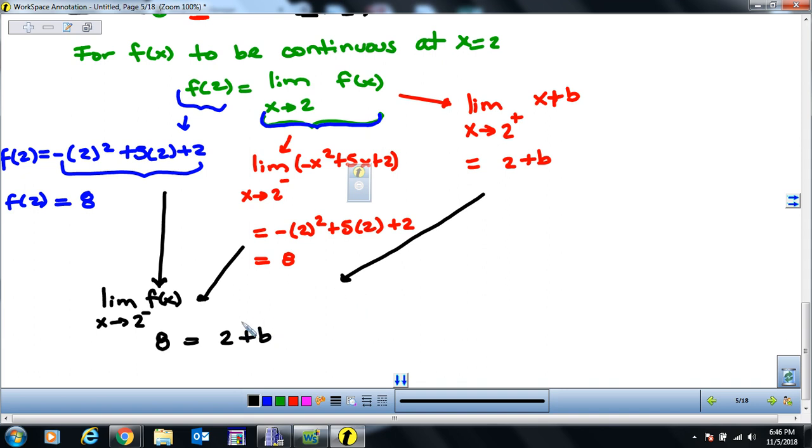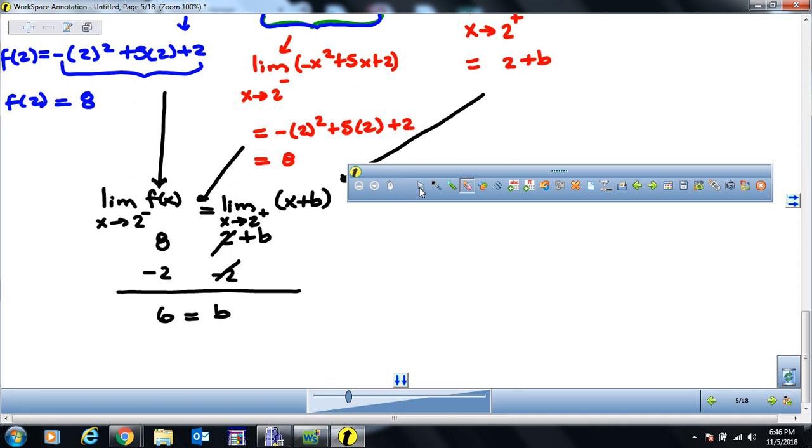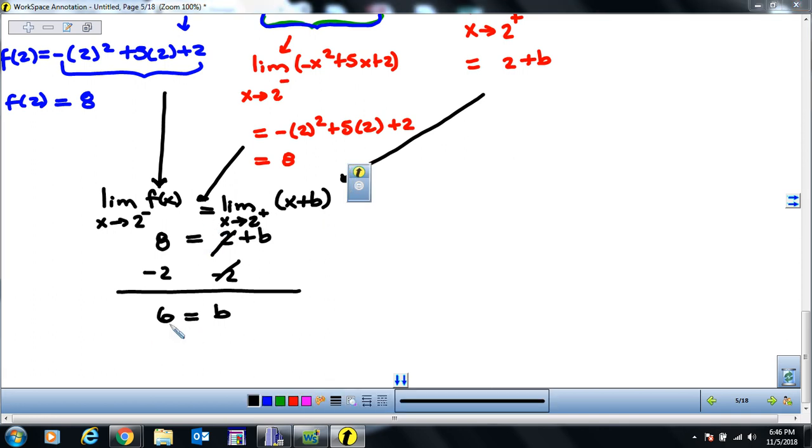And then, on the other hand, this part is the limit as x approaches 2 from the positive side of x plus b, right? So if I try to find b, which is what I was missing, all I have to do is subtract 2, and this would be 6 equals b. It looks like a minus in here, but it's an equal sign. And so that's the missing value, b, the third one that I was missing.